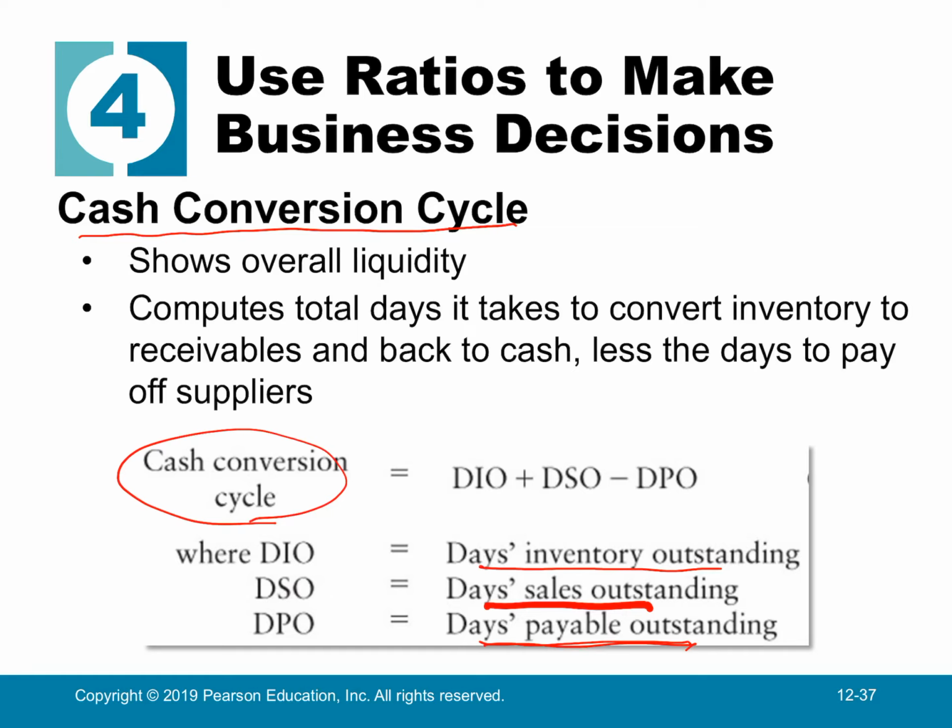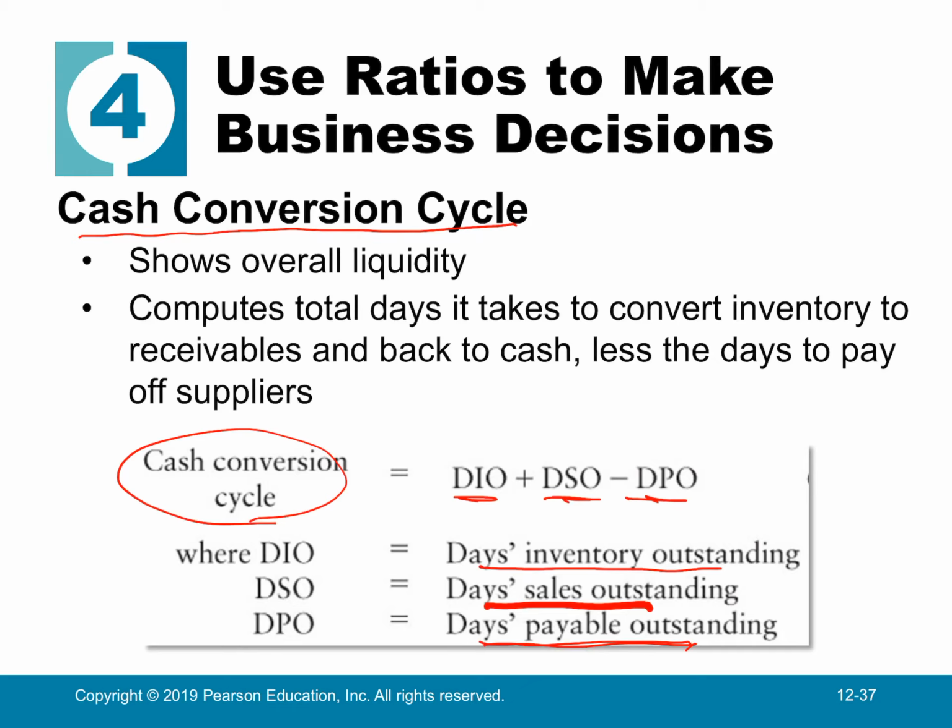So that is going to be an equation based on days inventory outstanding. So how long does my inventory sit on the shelf? Add to that the days sales outstanding. How long does it take before my accounts receivable get paid? And subtract your days payable outstanding. Am I able to kick the can down the road to pay my accounts payable?